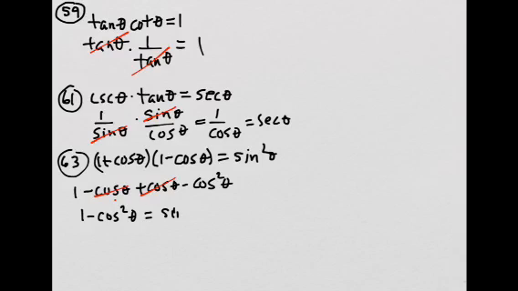So sine squared theta plus cosine squared theta, that's 1 right here, minus cosine squared theta. So the cosines cancel out, they're 0, and you're left with sine squared theta, which is what we have right here.